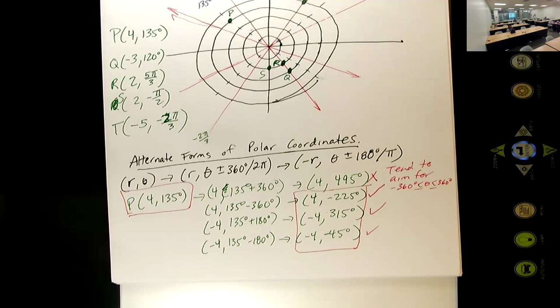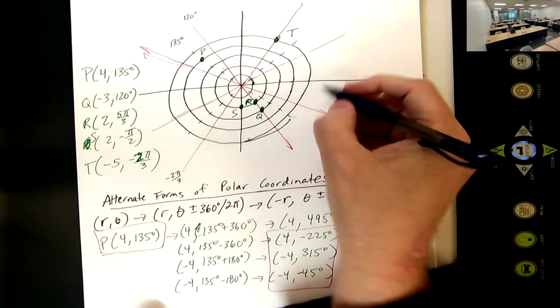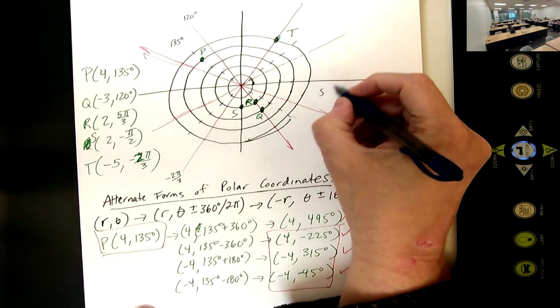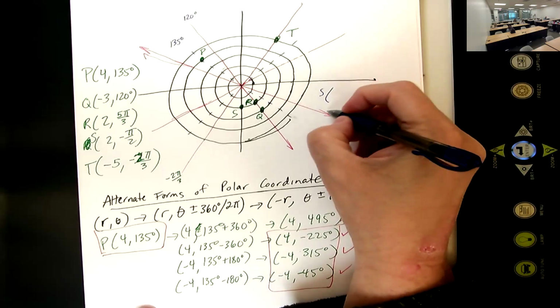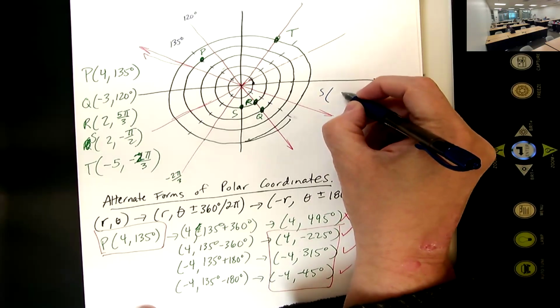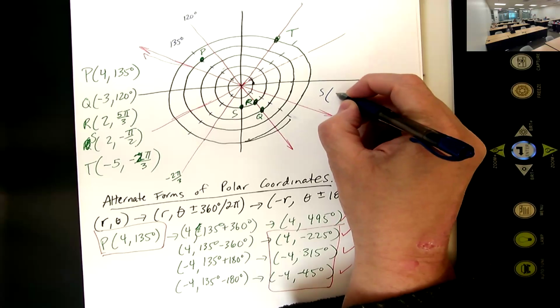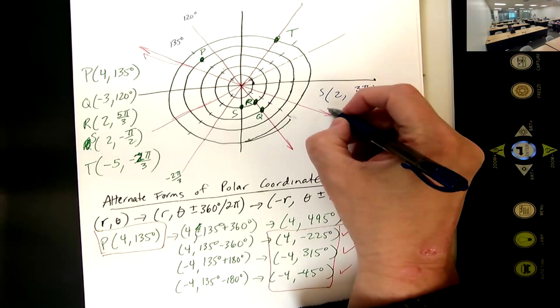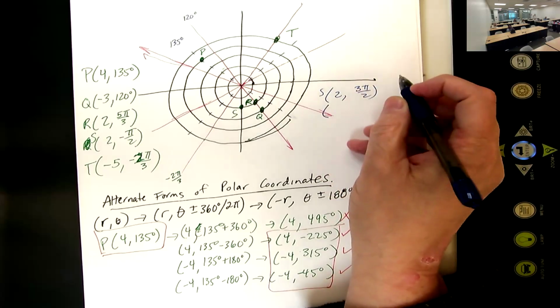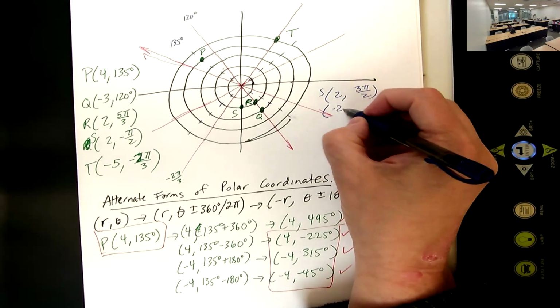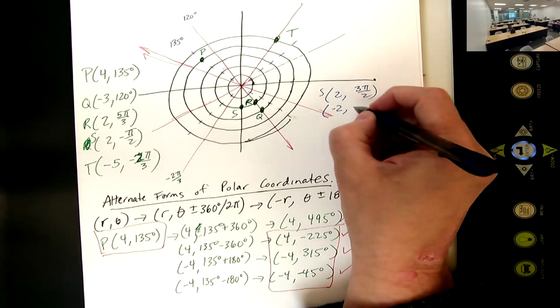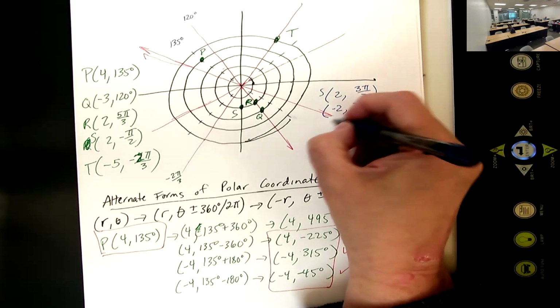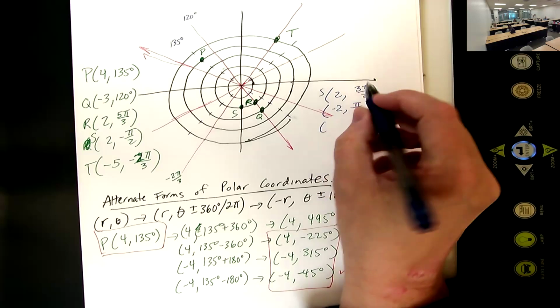Alright, so what did you guys get for S? 2 pi/2... 3 pi/2, and -2 pi/2. And negative pi/3. Oh, negative pi/2.